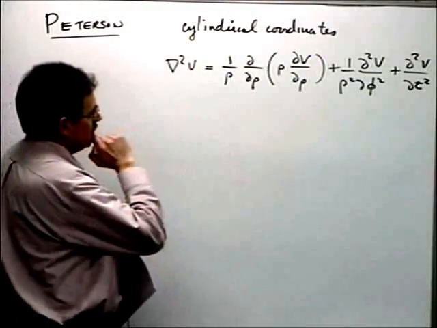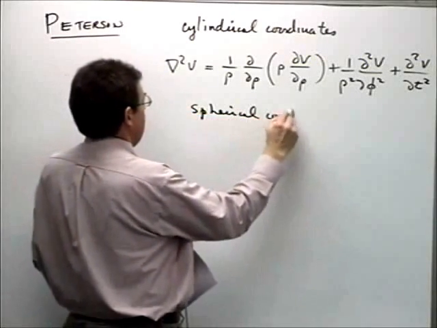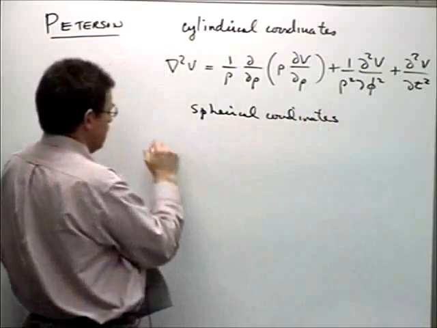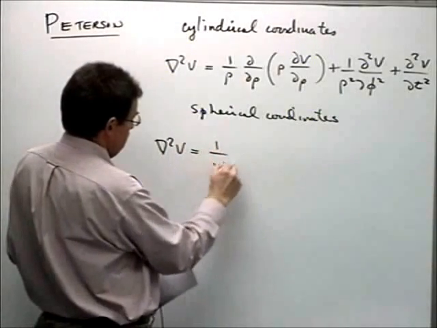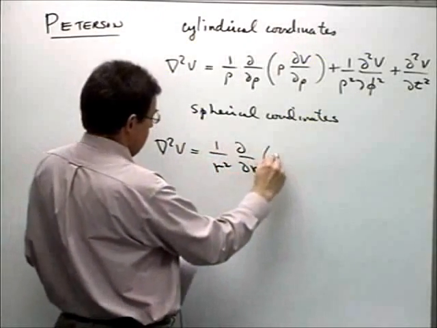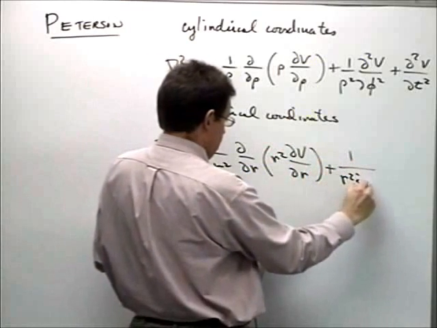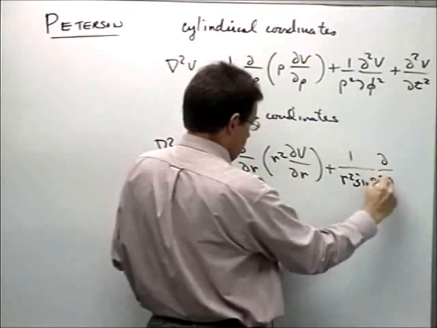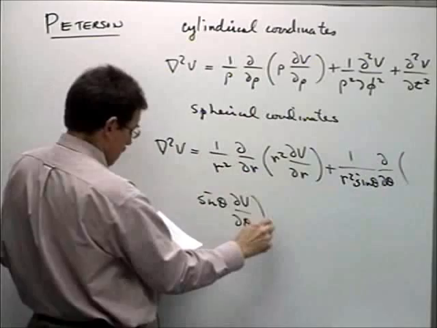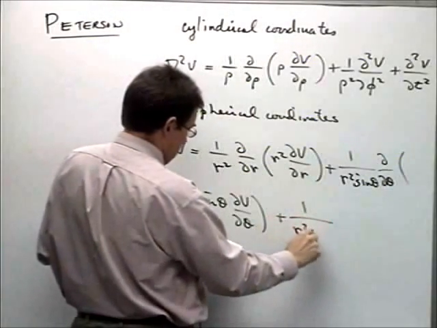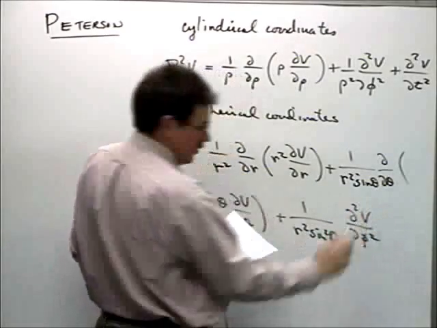If you're interested in problems with spherical symmetry, it might be more convenient to work directly with it in spherical coordinates. And then you'd have 1 over r squared d/dr of r squared dV dr, plus 1 over r squared sine theta, derivative with respect to theta of sine theta dV d theta, plus 1 over r squared sine squared theta times the second derivative of V with respect to phi squared.